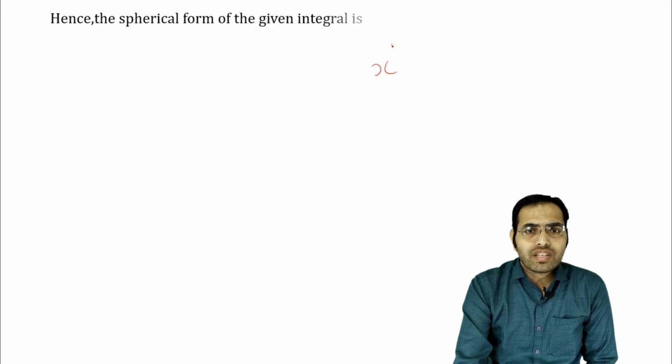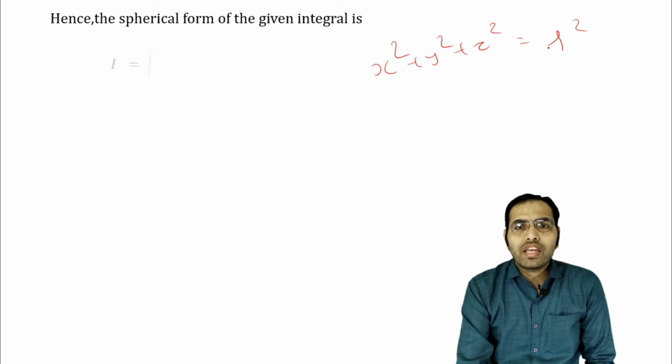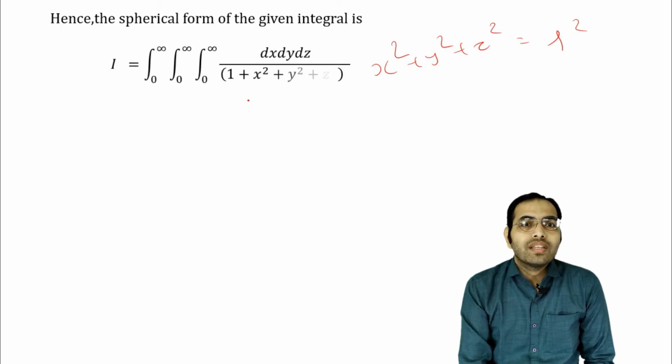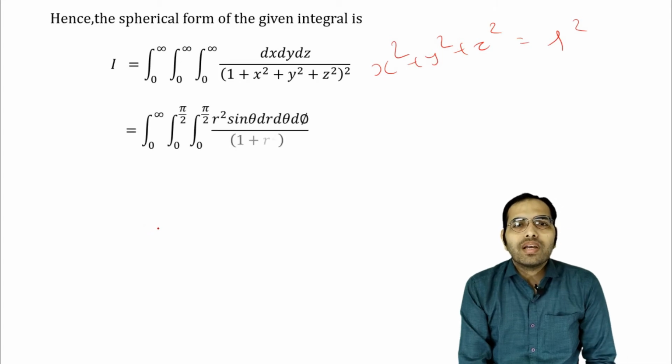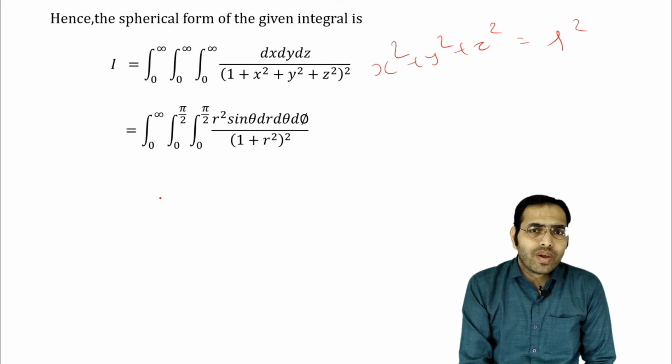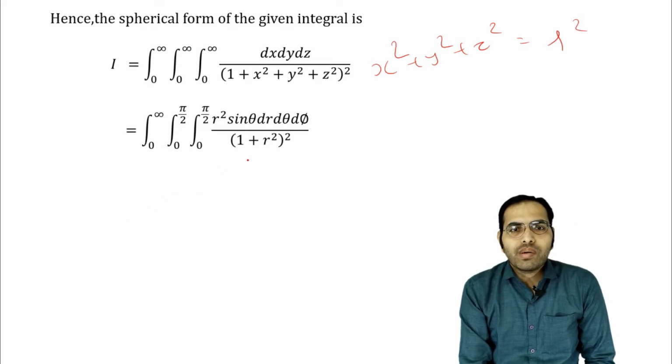Whenever we substitute x, y and z in this expression, it gives r square. Hence the spherical form of the given integral is I equal to the triple integral from 0 to infinity of dx dy dz upon (1 plus x square plus y square plus z square) whole square. Then x square plus y square plus z square equals r square, so our denominator becomes (1 plus r square) whole square.